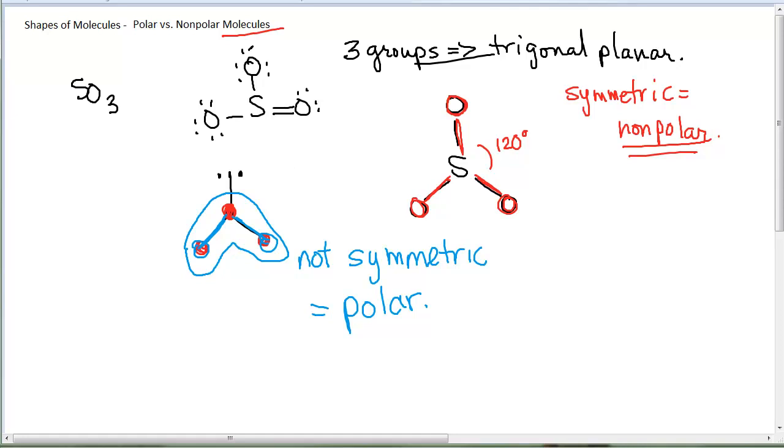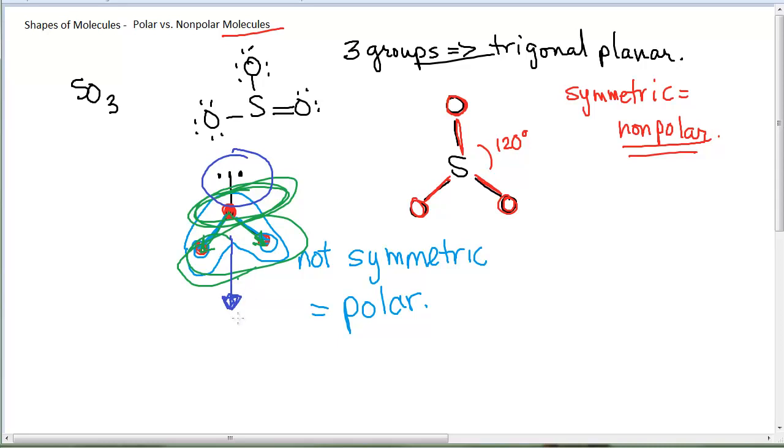I can think of it as this side down here is going to either be partial positive or partial negative depending on what the atoms are. This position here is going to be the opposite, again, partial negative or partial positive depending on what the atoms are. Or I can think of it as 2 horses pulling away from the center, there is nothing pulling away from the top, and so they're going to drag this molecule down.